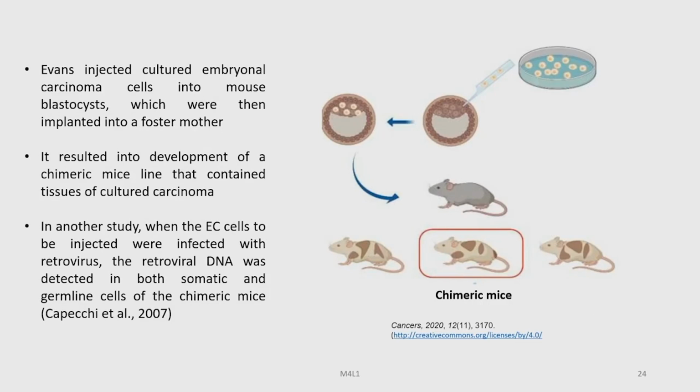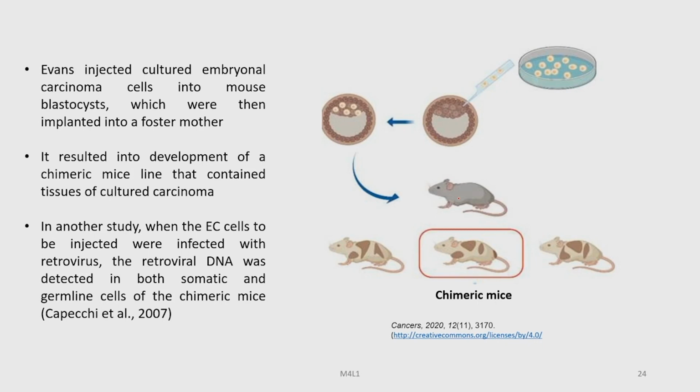So, here you can see in this picture, Evans injected the cultured embryonal carcinoma cells into the mouse blastocyst, which were then implanted into a foster mother. This resulted in development of a chimeric mouse line that contained tissues of the cultured carcinoma.